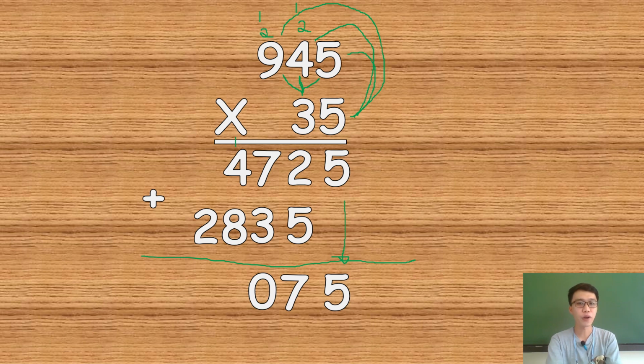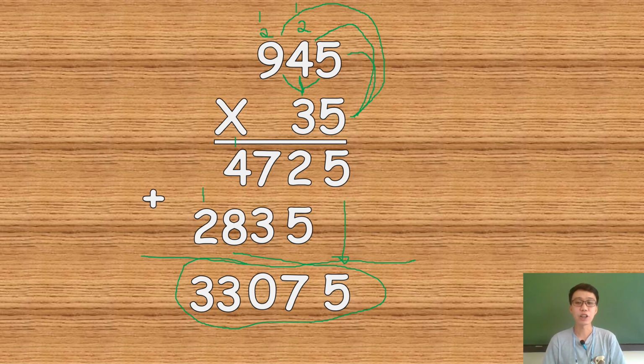Next is 4 plus 8 is equal to 12, plus 1 is equal to 13. Write 3 and then carry 1. 2 plus 1 is equal to 3. The answer is 33,075.